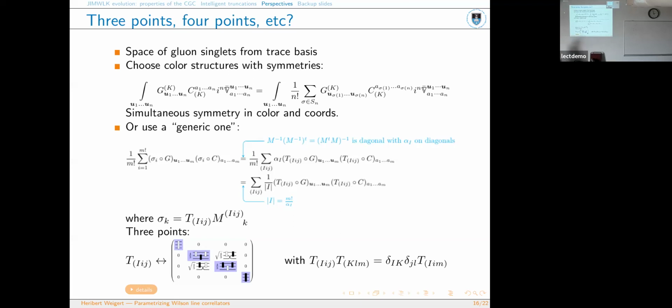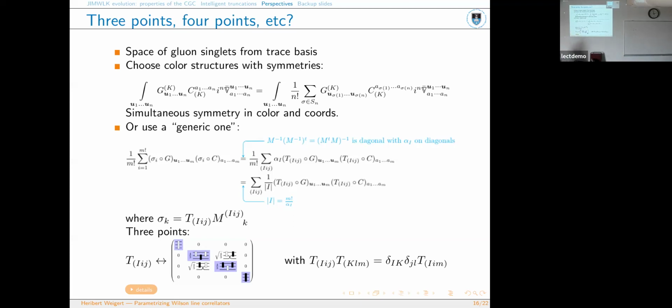Since there's an integral in this thing, I can always commute my integration variable, right? Just renaming stuff. So I can throw in a sum of all these permutations and then rewrite the structure.